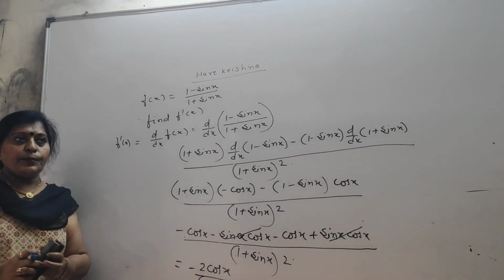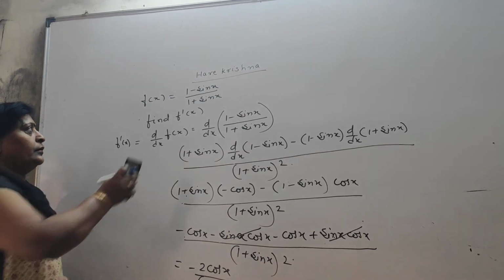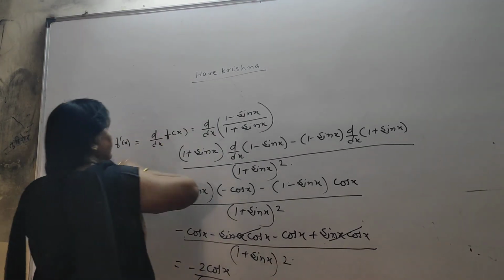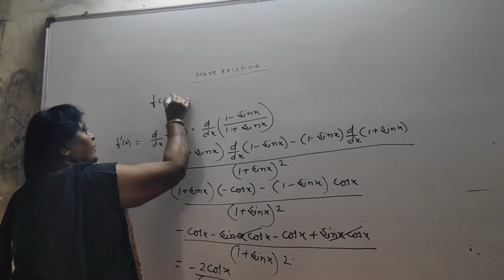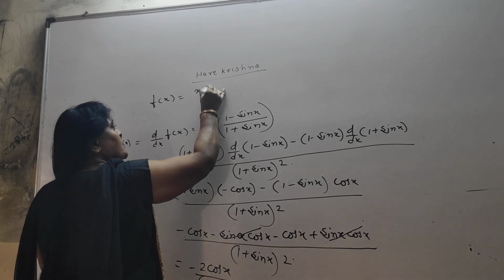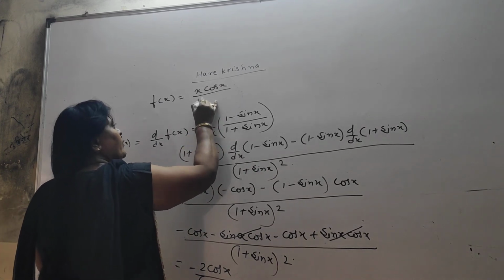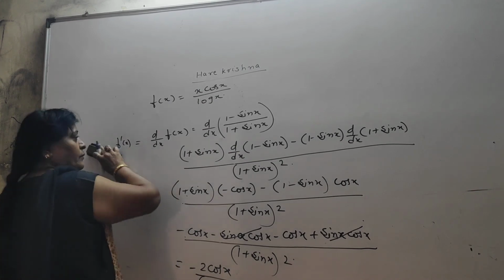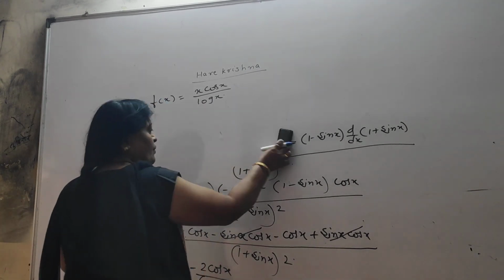Again this is the second example. Again I will take one example here. f of x is equal to x cos x divided by log x. Take again one example here, division rule.